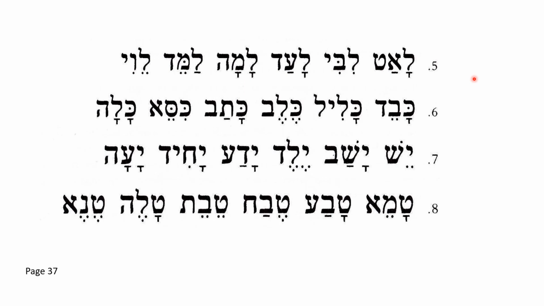Okay, let's read together. Line 5. We have la, at, laat. Li, bi, libi. La, ad, laad.